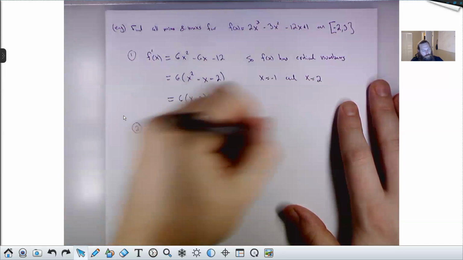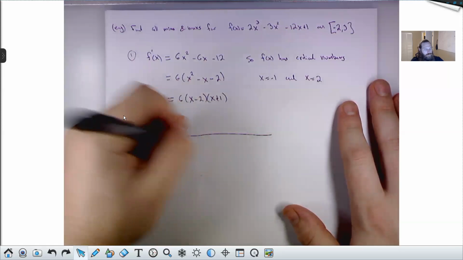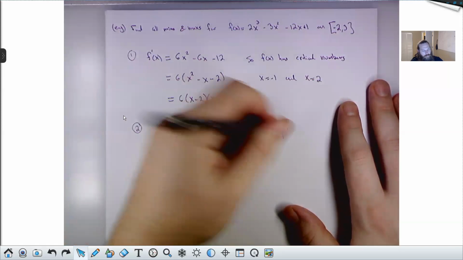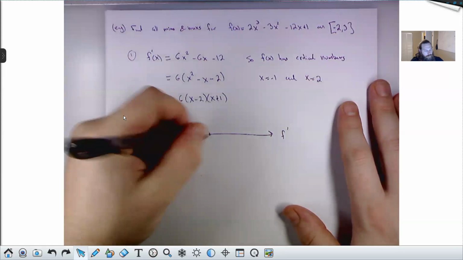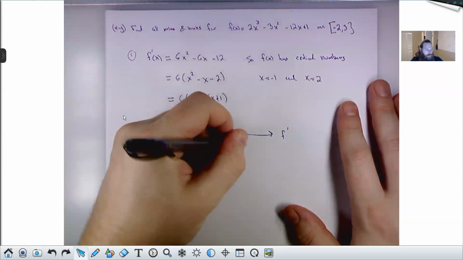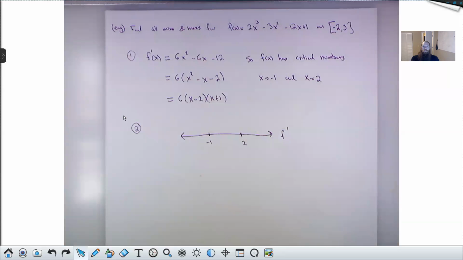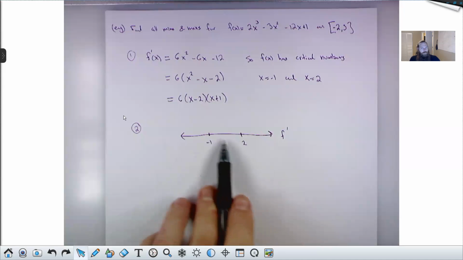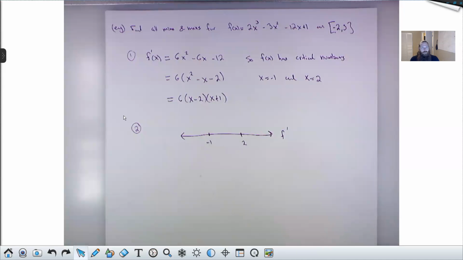Now I'm going to use the first derivative test here, and the easiest way to do this is to draw a number line for f prime. I plot those critical numbers. And remember, my goal is to say whether f prime goes from positive to negative. So this is this test point thing that you should remember from pre-calculus. I'm trying to solve the inequality f prime of x is greater than 0, or f prime of x is less than 0. In between -1 and 2, I can test x equals 0 itself.